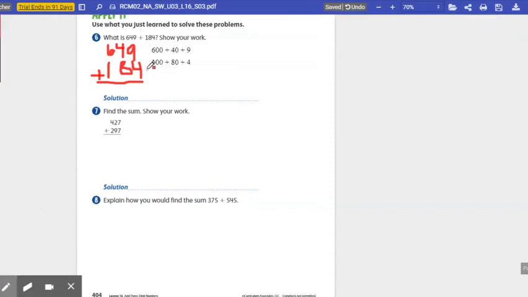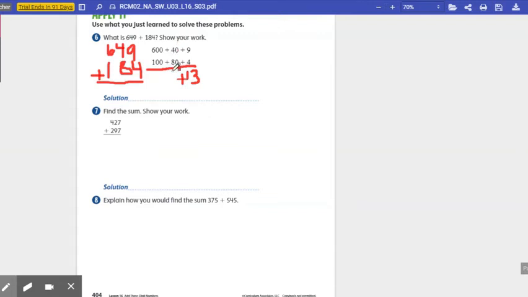All right, now let's combine each place. I'm going to start by combining my ones. So 9 ones plus 4 ones is 13. I know that because 9 plus 1 equals 10, plus 3 more is 13.